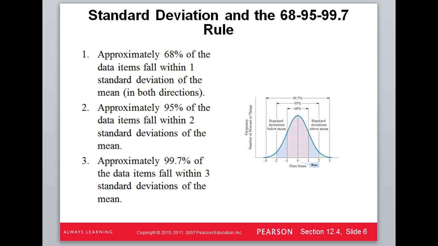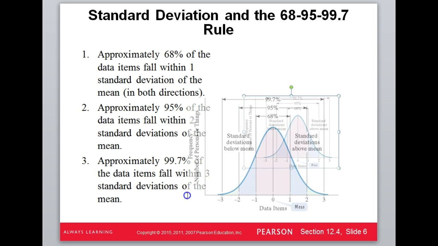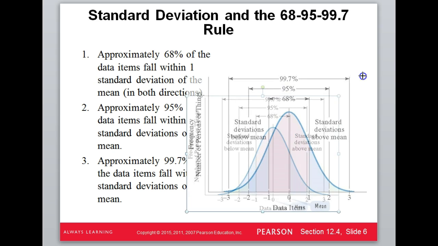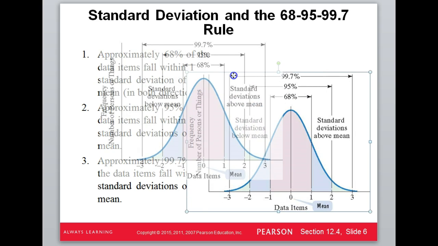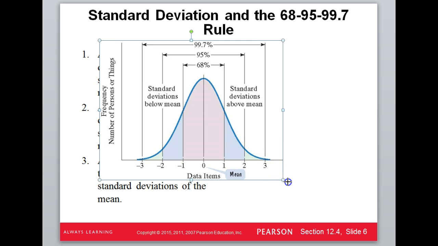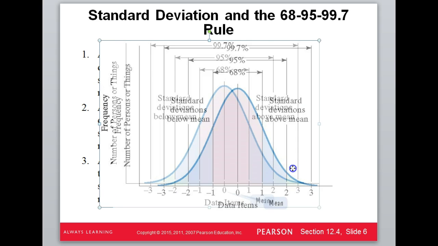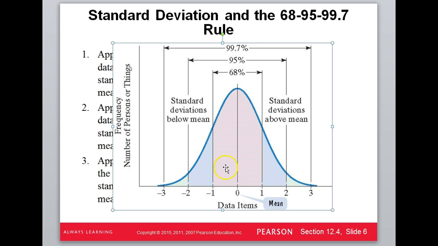Alright, the 68, 95, 99.7 rule, or sometimes called the empirical rule. What this says is, it's basically the amount of data that falls within a certain number of standard deviations. So it says approximately 68% of the data falls within 1 standard deviation of the mean.